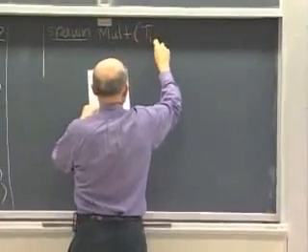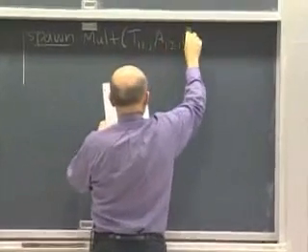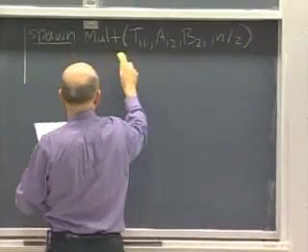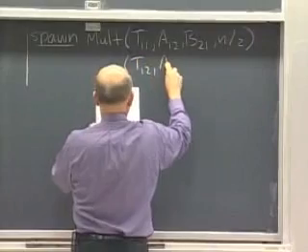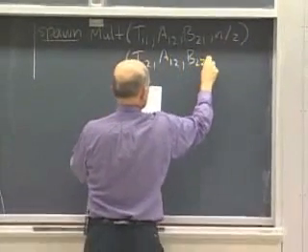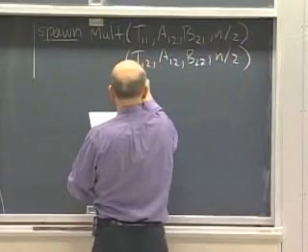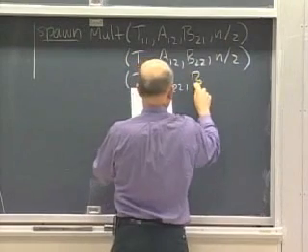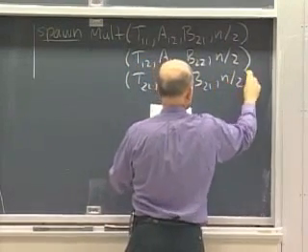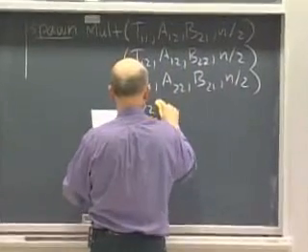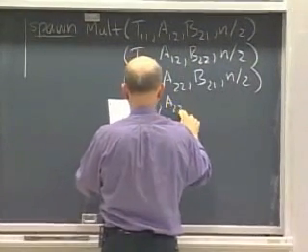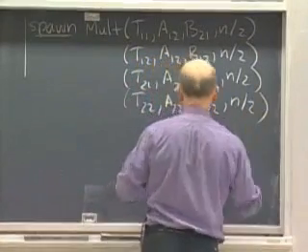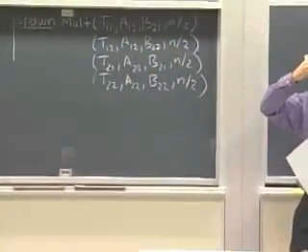And now what I do is put the results in T. Okay, so I've spawned off all these multiplications.